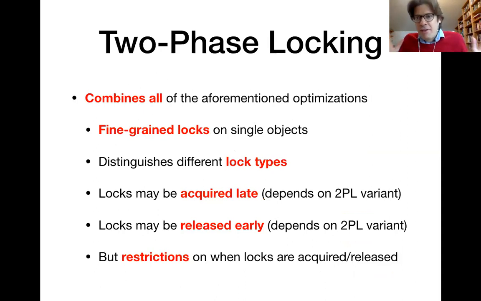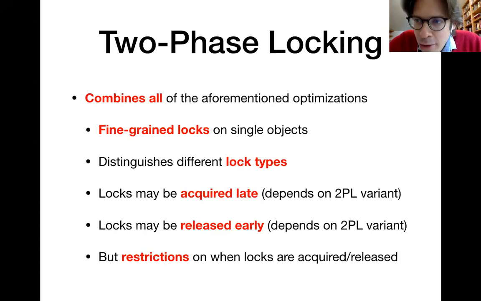Now, the title of this lecture is two-phase locking, which is one very popular locking protocol, which essentially combines all of the advantages that we have seen so far. Namely, first of all, it allows for fine-grained locks. We don't have one big lock for the entire database, but specific locks for database objects. It distinguishes different lock types: shared, meaning read locks, and exclusive, meaning write locks.